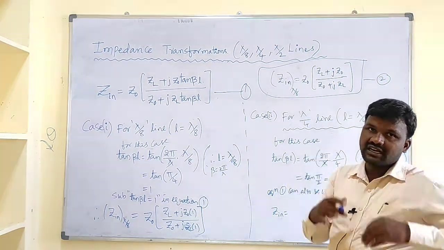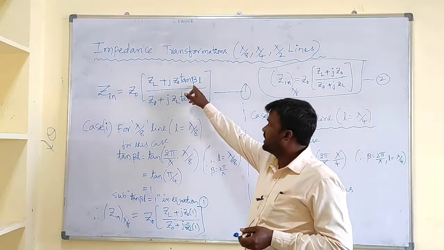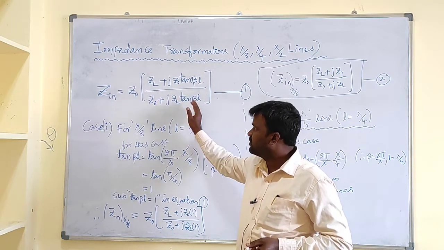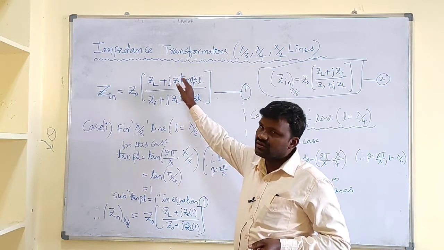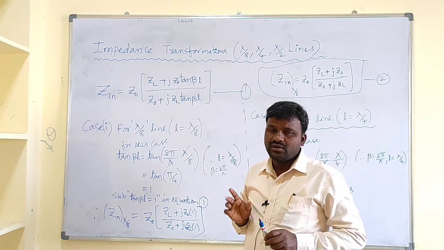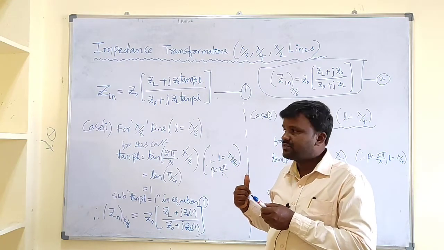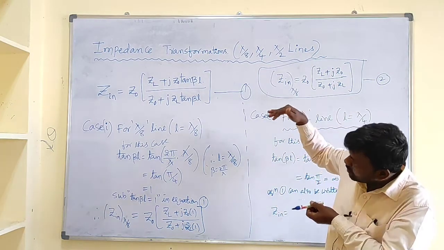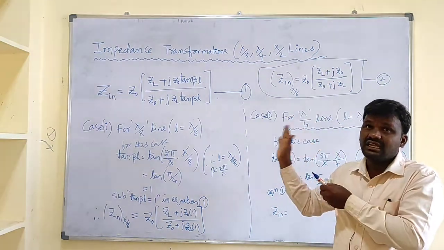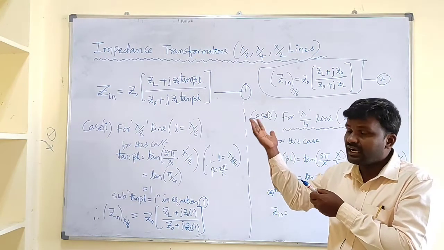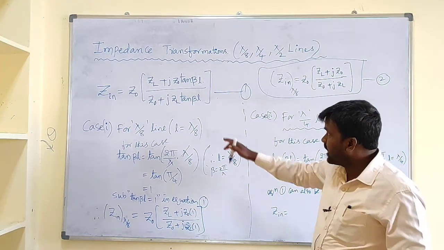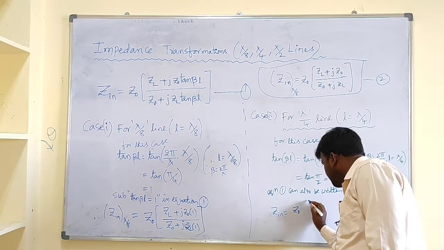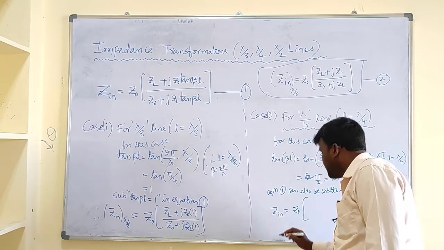If you have an infinite term in the numerator, infinite plus something gives infinite, and in the denominator also infinite plus something gives infinite, so it gives an infinite by infinite form, which is undefined. So in that case, take that infinite term as common in the numerator and denominator. If I take tan beta L as common, we will get Z naught.